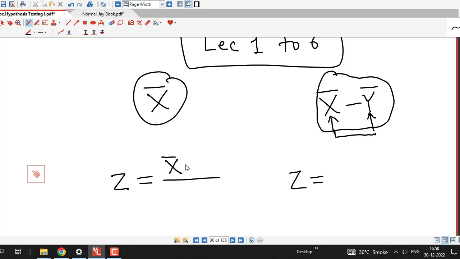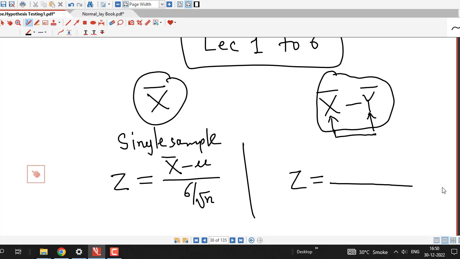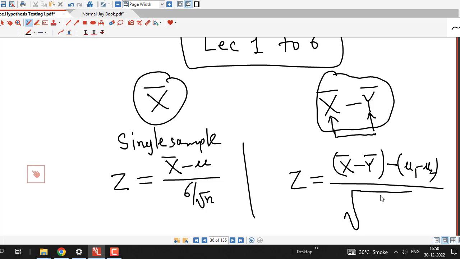There the formula was x bar minus mu divided by sigma over square root of n. But here we are having two samples and we are taking the sampling distribution of the difference of two samples, so the formula takes this form, but it is easy to remember, it is analogous to that formula.